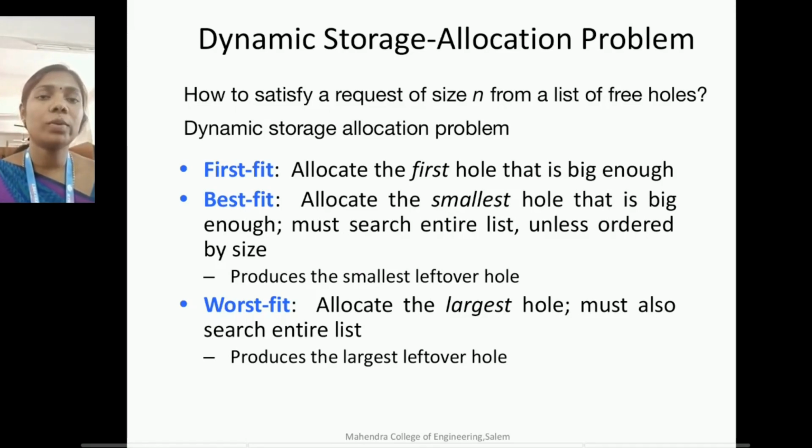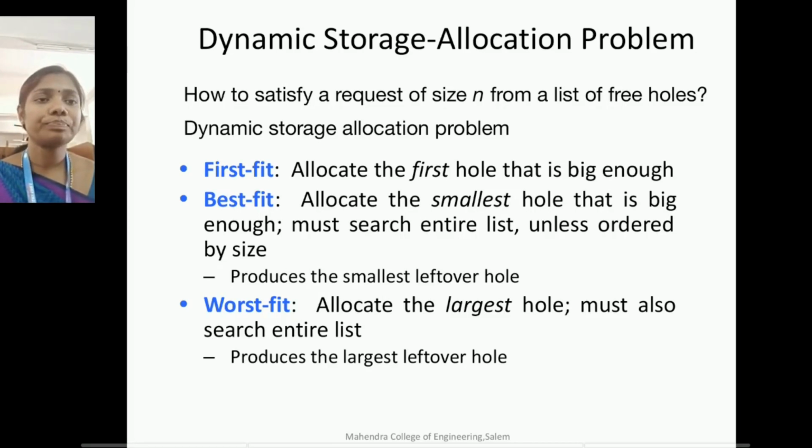First fit is when a process comes for execution, we go through the available holes, and whichever hole comes first that is big enough for the process to complete its execution, we allocate that first hole to the process. So you need not search through the whole list of memories available. Whatever comes first, we allocate to the process and complete the execution. That is called first fit.